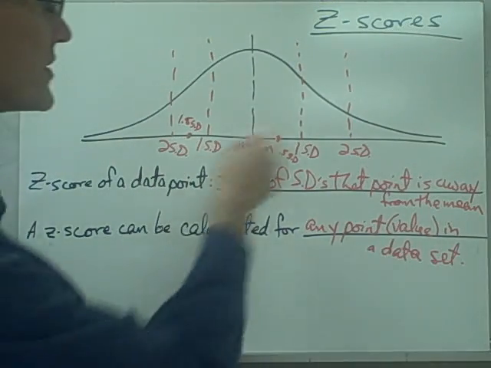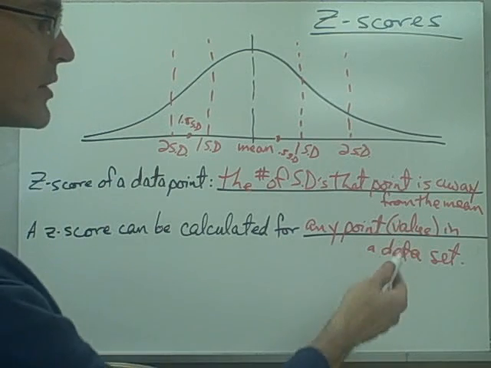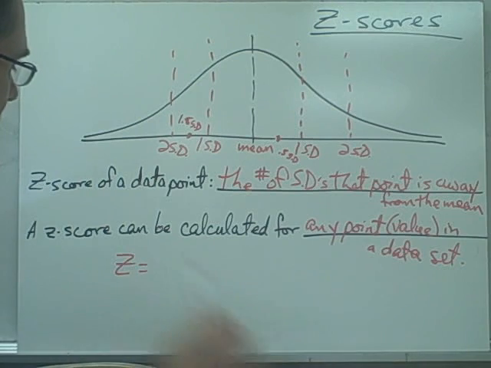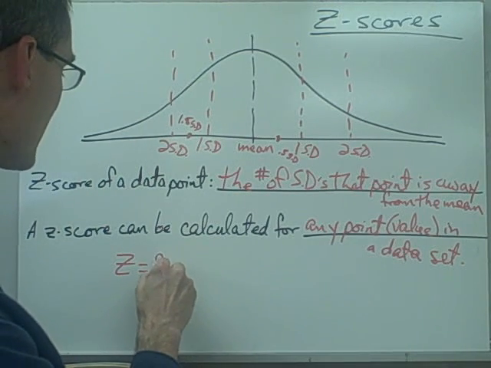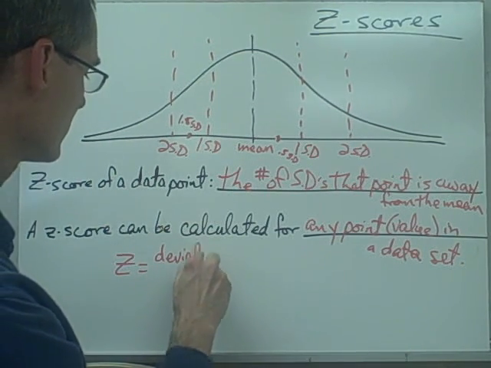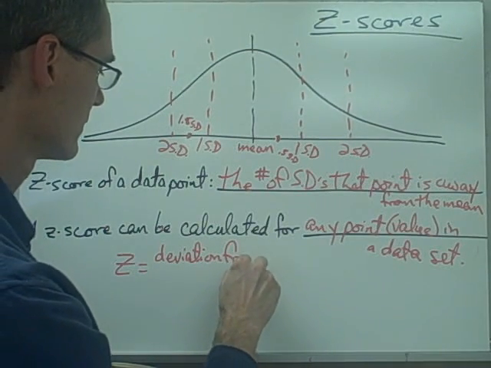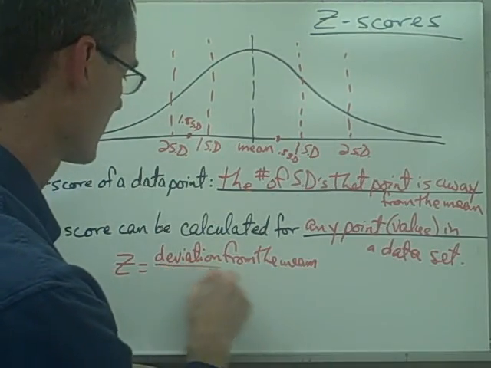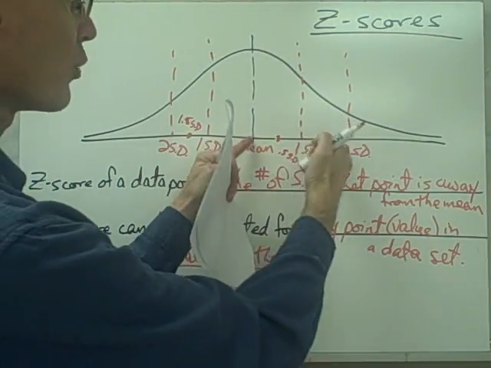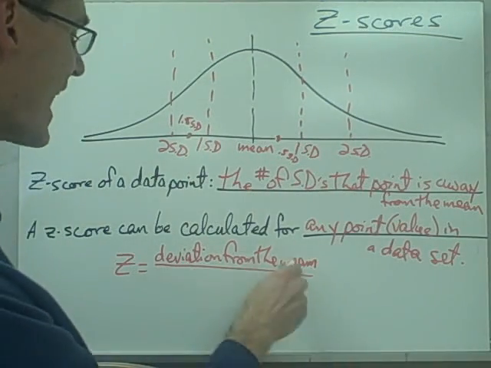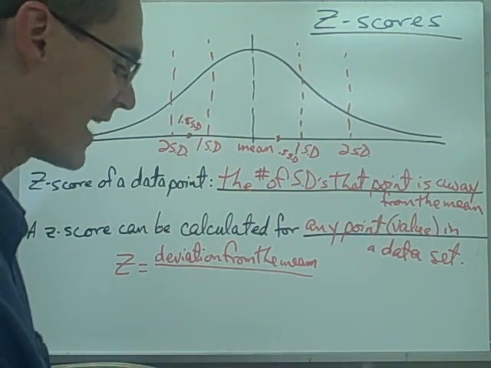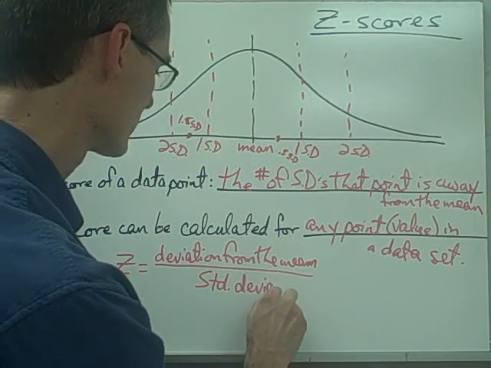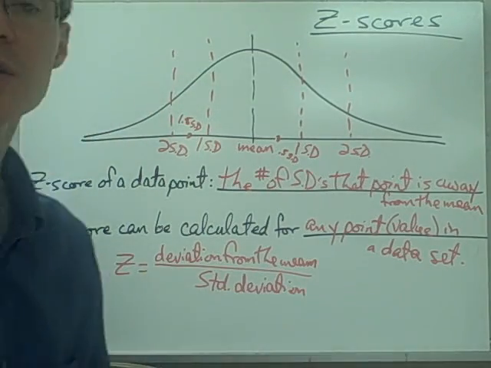So to calculate the z-score for any particular value in a data set, there's a formula that we use, z for the z-score. If we take the deviation from the mean, and remember, deviation from the mean just means how far away a particular data point is from the mean, and we divide that distance by the standard deviation, then that gives us our z-score.